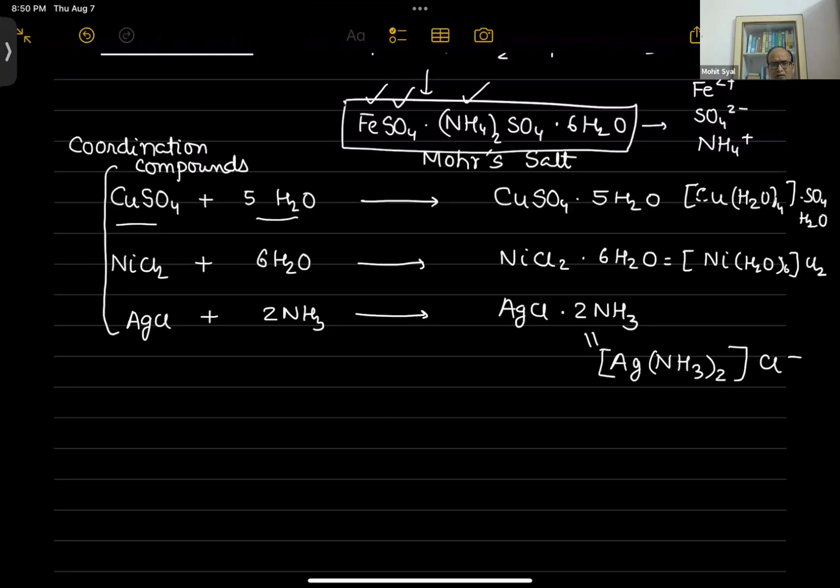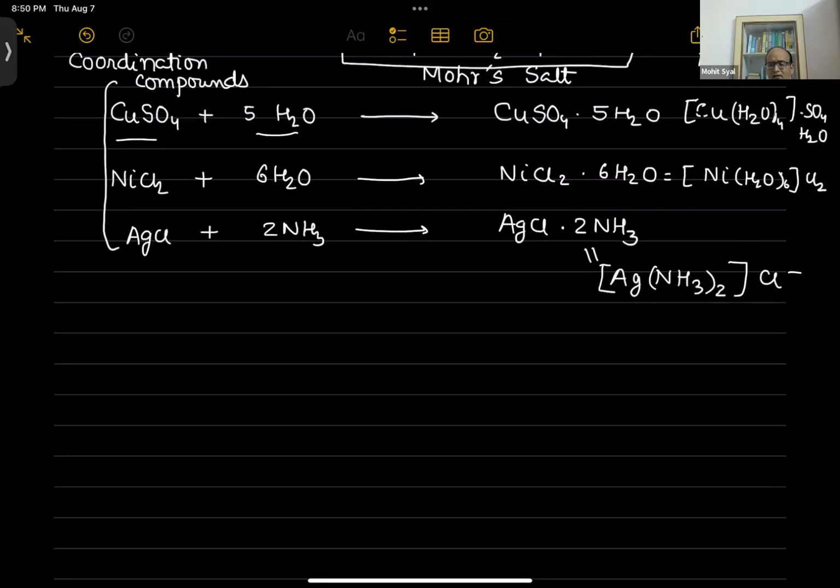So what happens with these coordination compounds? When you put them in water, they don't lose their identity completely. They don't get dissociated into the original ions. They don't get completely dissociated. Is it clear?